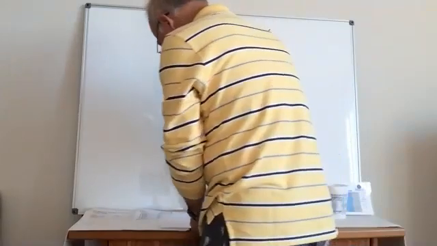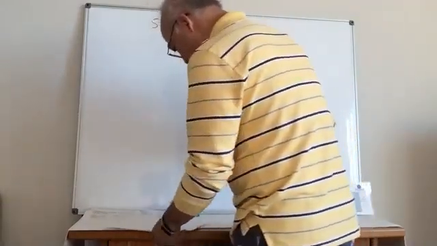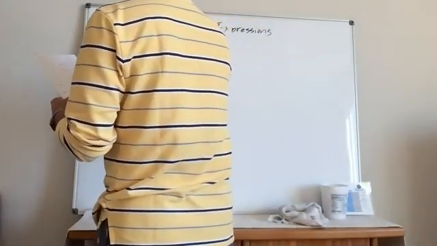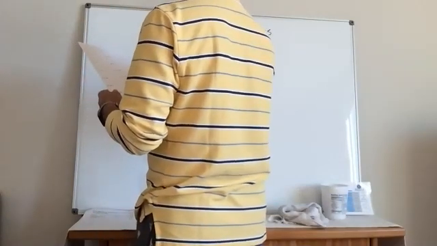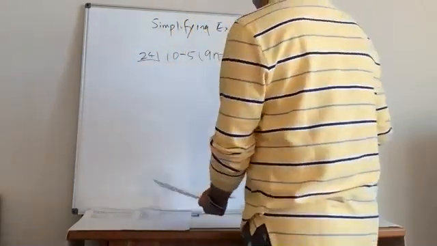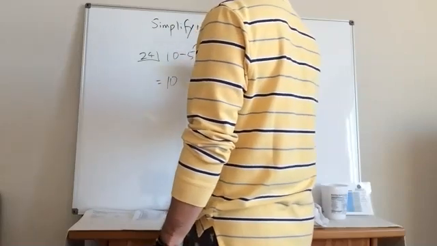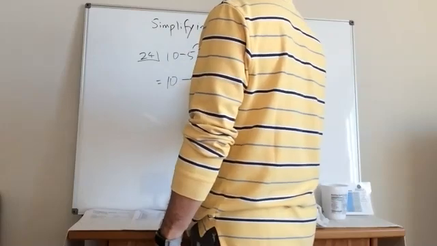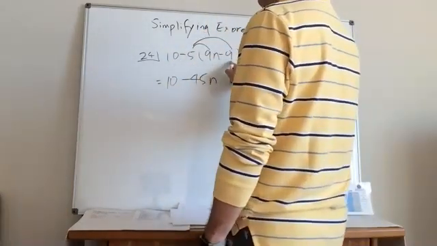Okay, so let's do a couple more of these. Let's do 24. 10 minus 5 times 9n minus 9. So the 10 comes down. I gotta do these two. -5 times 9n, -45n. I multiply -5 times -9.